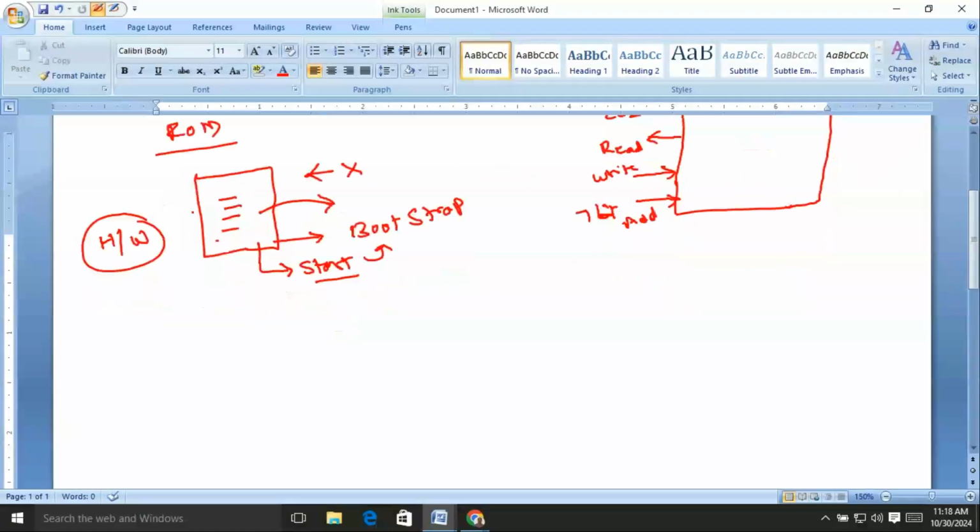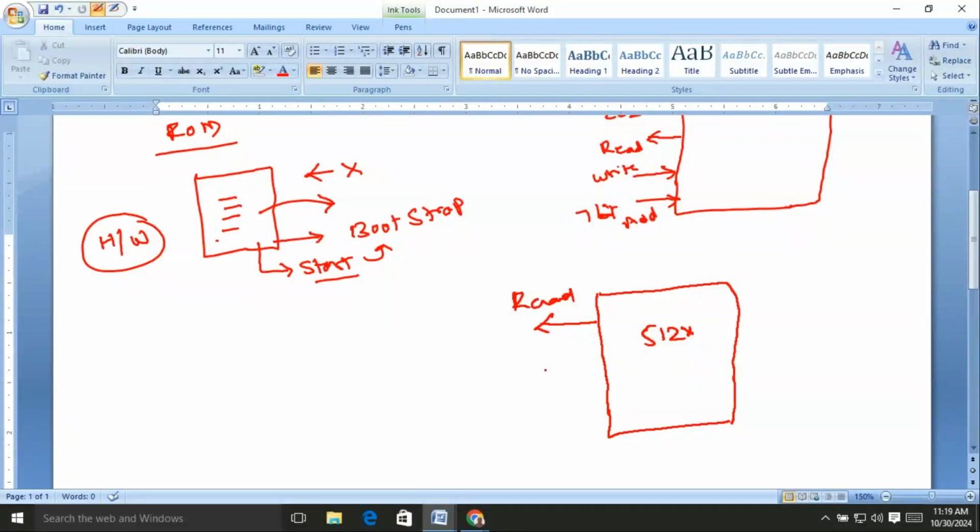For the basic computer, we connect 512 bytes of ROM. Hence it has only one signal, the read signal.